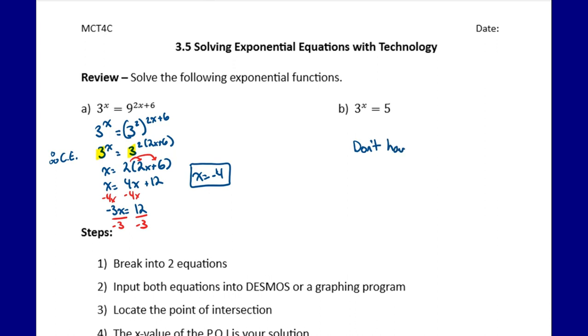So for right now, we're going to look at how we can solve these types of equations using technology. In some cases, there are ways that we can calculate it by hand, but for right now, let's just focus on solving it with technology.